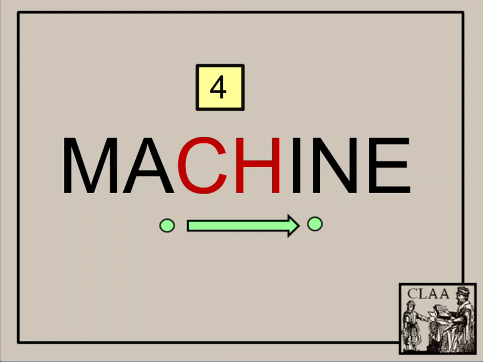Let's read this word together. Machine, machine. So you see, the English digraph CH can make 3 different sounds. Ch, k, or sh.